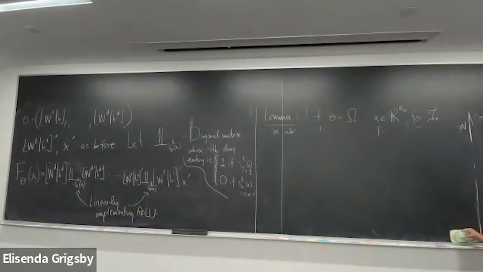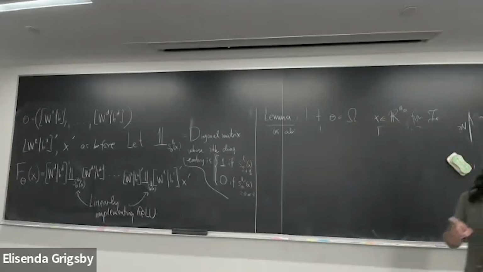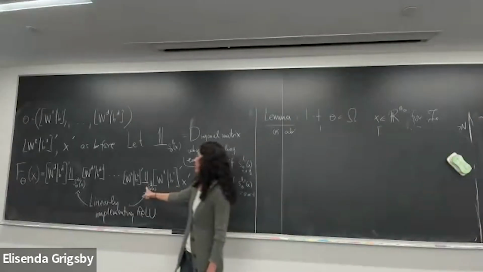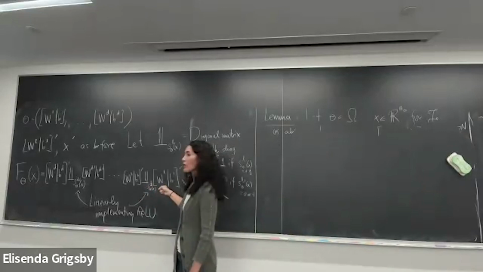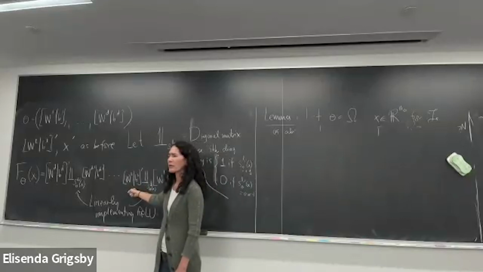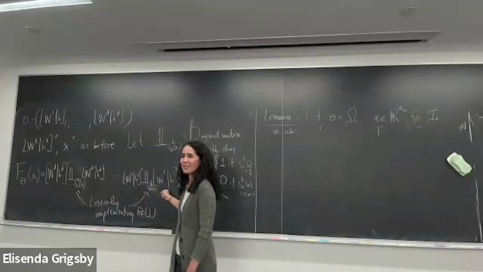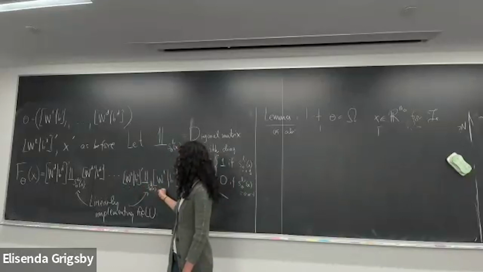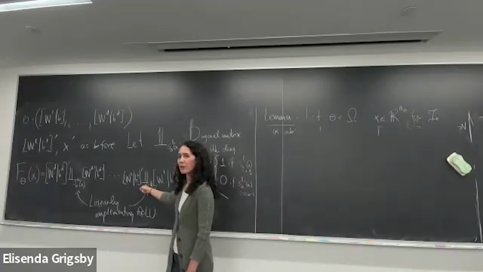Why is it ReLU and not a step function? What multiplying by this matrix does is zero out the respective rows of this matrix and the columns of this matrix. This is where it's important that it's idempotent: you repeat it and you get the same thing.